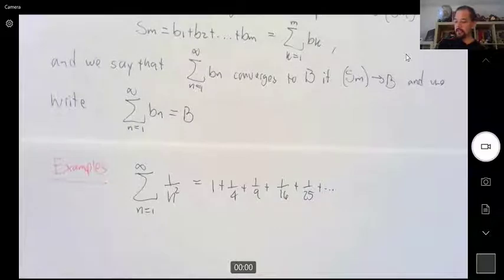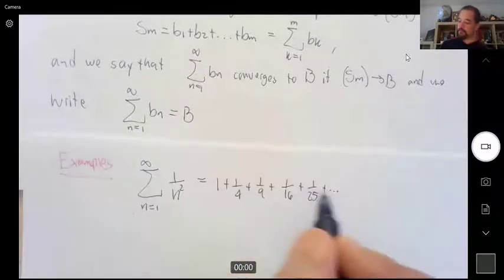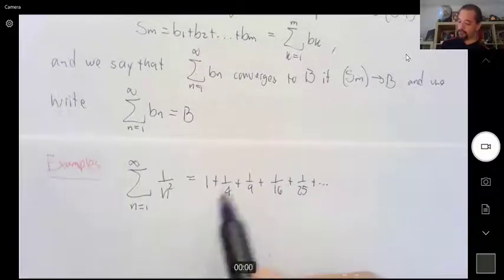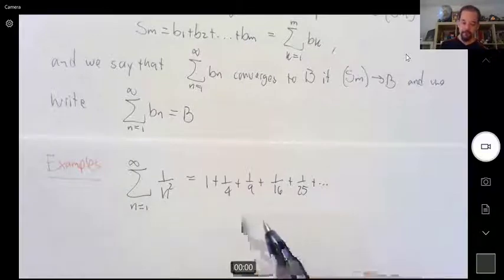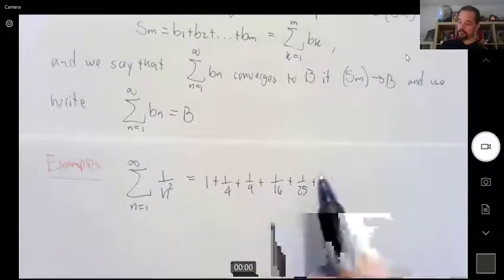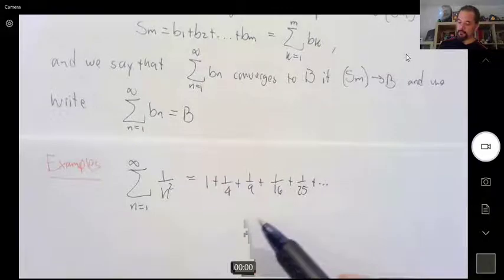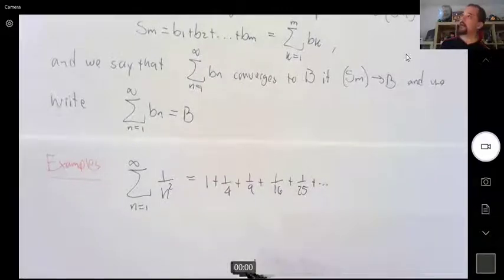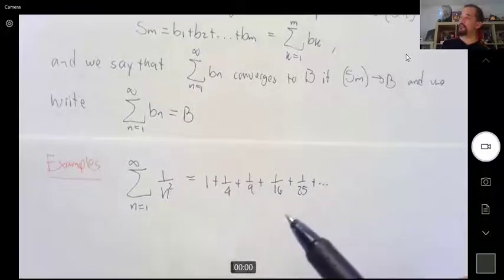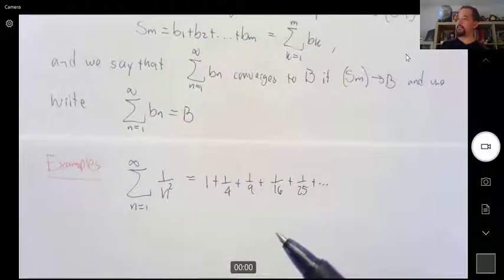By the way, it's actually a hard thing to know what the answer to this series is, right? There are elementary proofs that are actually quite challenging, and I go over the answer of this one in my complex analysis class 655.